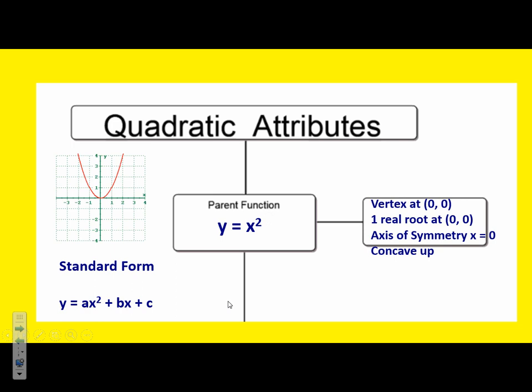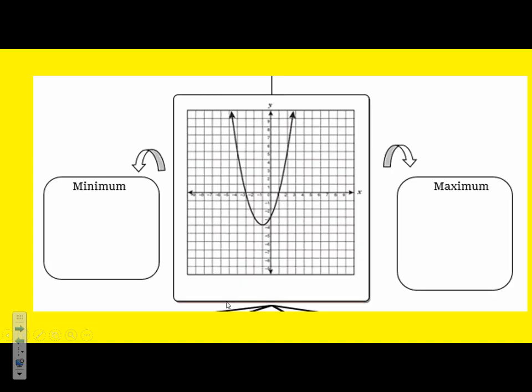Okay, as we move on, we're going to go ahead and analyze the graph of the quadratic function that is graphed below. So this quadratic function has certain attributes, and we'll start to take a look at them here. One of the attributes is that if it's concave up, our a value is positive.